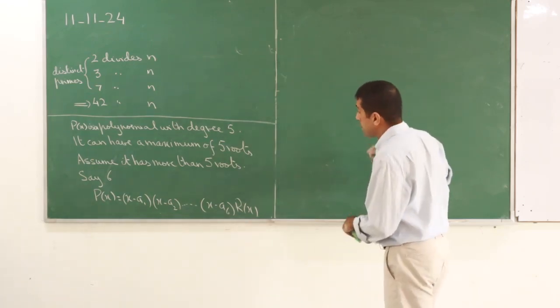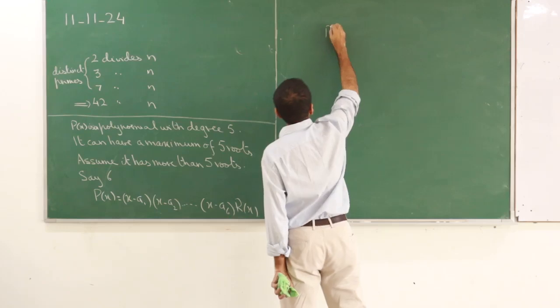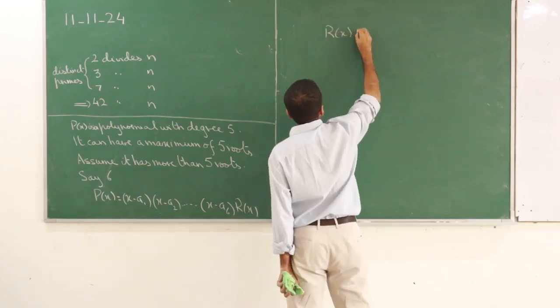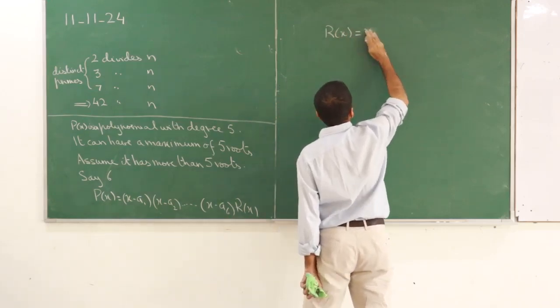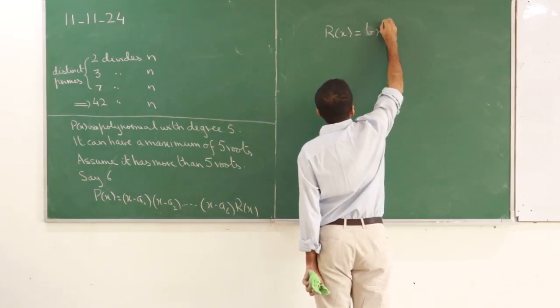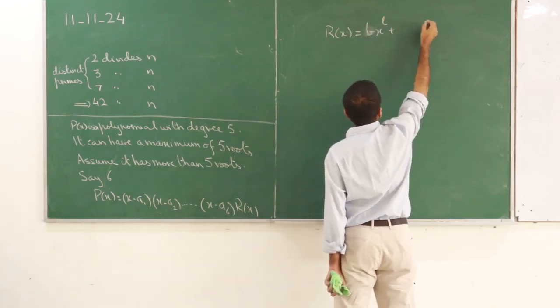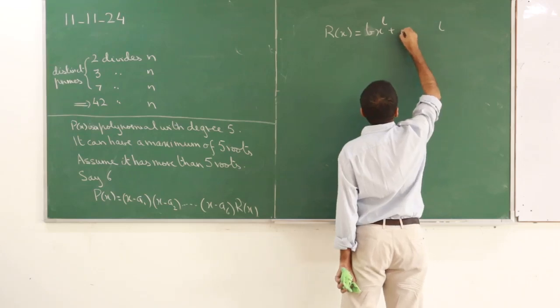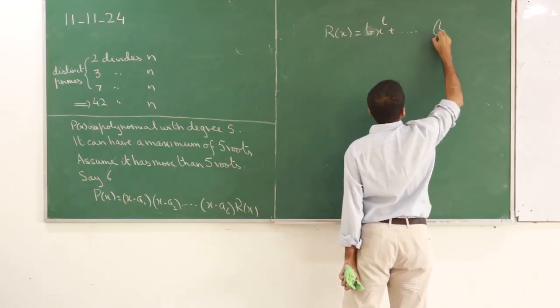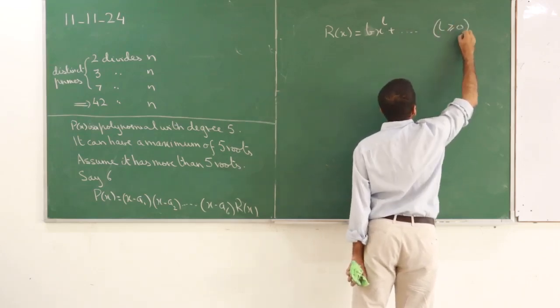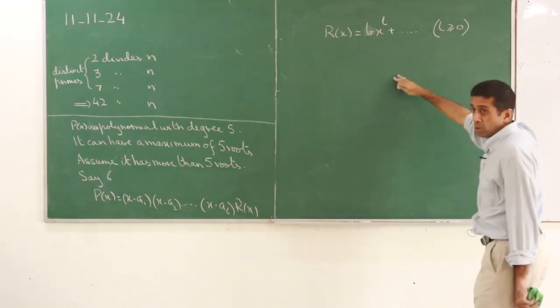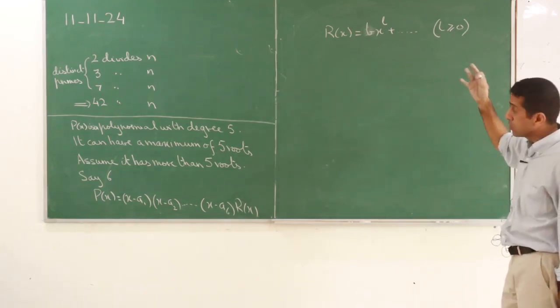Now you can see, let's say the residual polynomial R of x is of the form b x to the L plus something else, where L has to be greater than or equal to 0. It would either be a constant or a linear or a quadratic or a cubic polynomial.